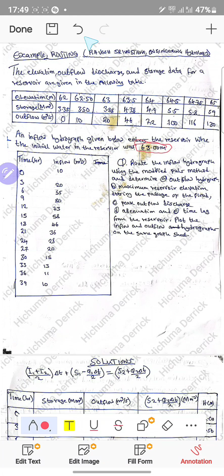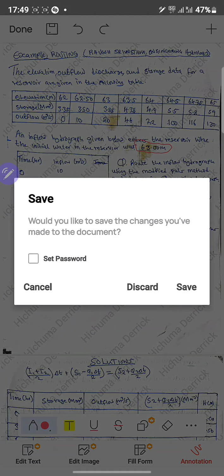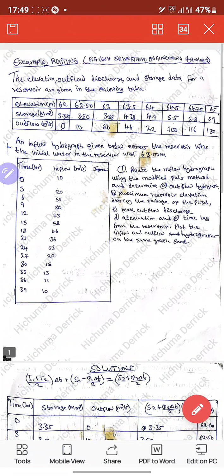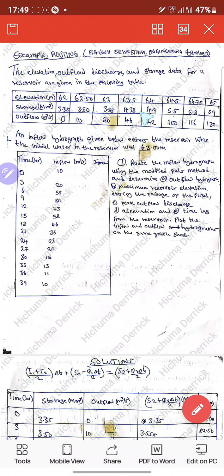Now, what do we have at 63 meters? 63 meters is here. This is the elevation. So what do we have? We have the storage at this particular moment. We also have the outflow, which is 20.